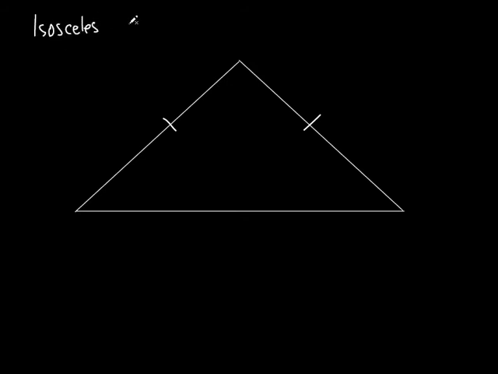Spell it right. Isosceles Triangle Theorem. All right. Theorem's kind of weird. It's T-H-E-O-R-E-M. Theorem. All right. Isosceles Triangle Theorem. You can put the symbol. I've been doing that for a long time now, okay? You don't have to put the word triangle, just put the symbol for triangle. So this is called the Isosceles Triangle Theorem.